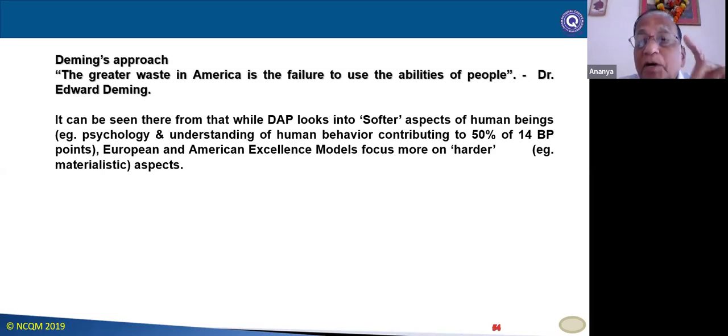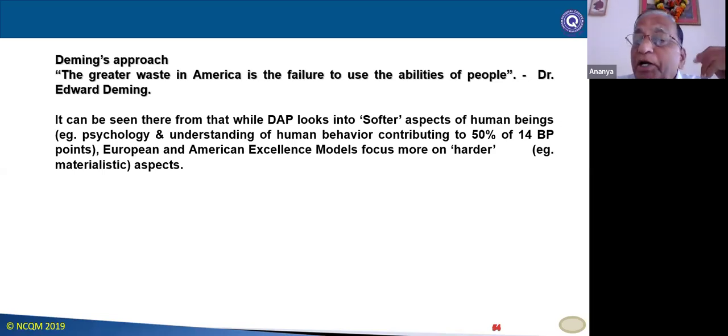To get a Deming prize is a Herculean task. In India, people are getting the RBNQ award, but to get a Deming award is next to impossible. Few companies have got it, like Larsen and Toubro recently, and Mahindra recently.